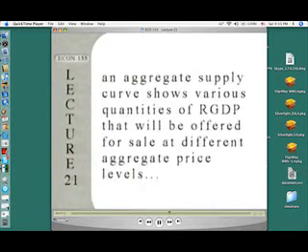The aggregate supply curve is a curve showing various quantities of real GDP, that is to say newly produced goods and services, that will be offered for sale at various price levels.